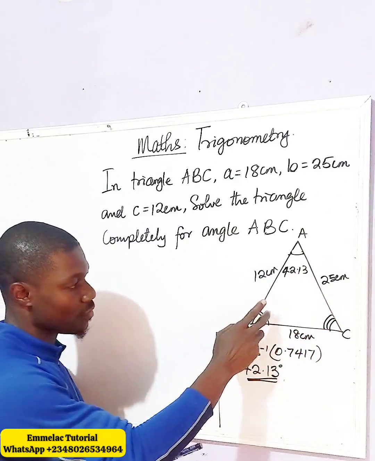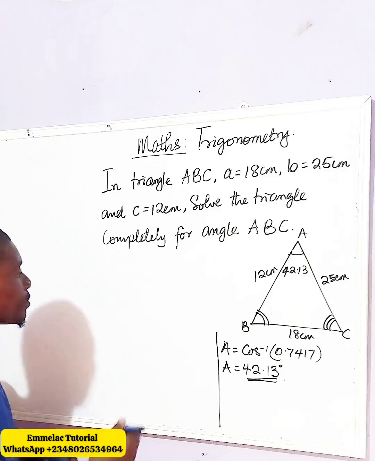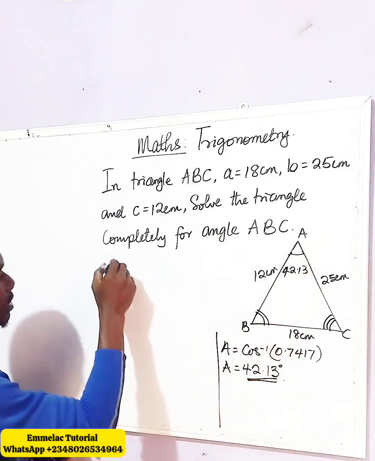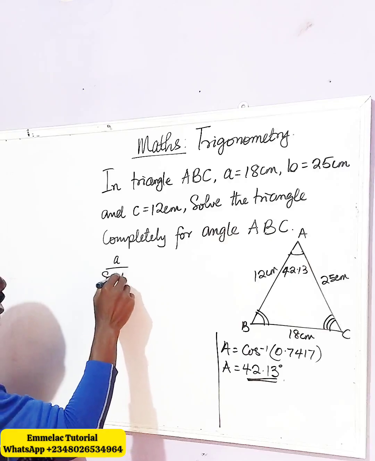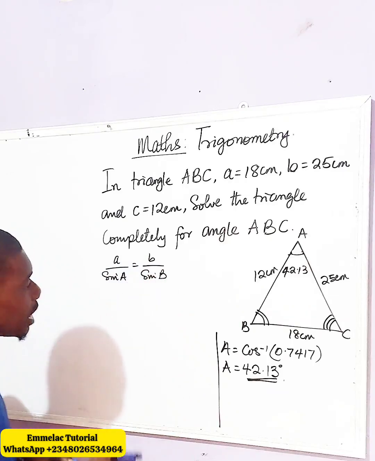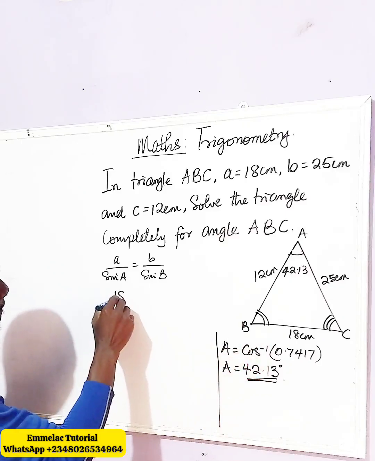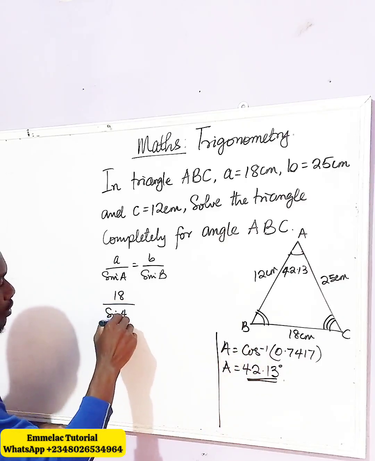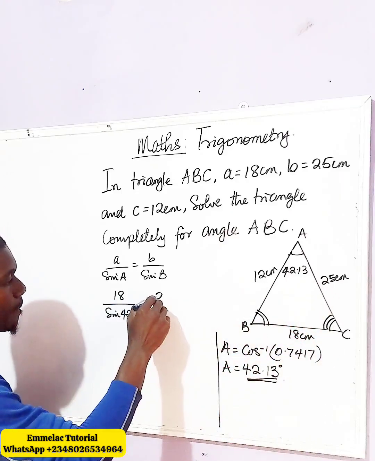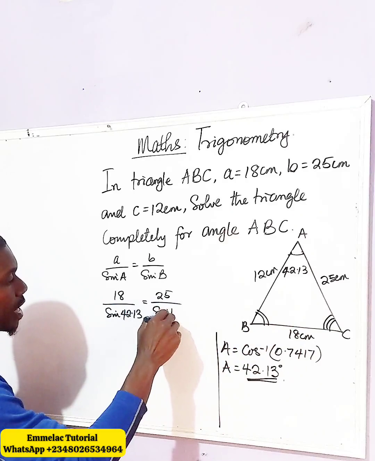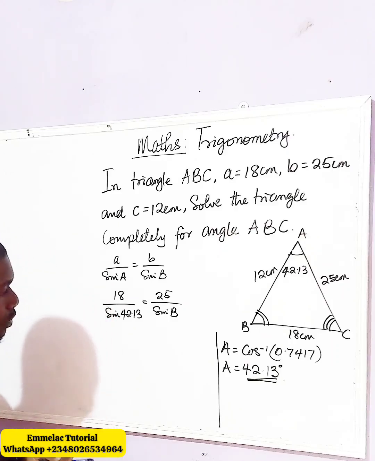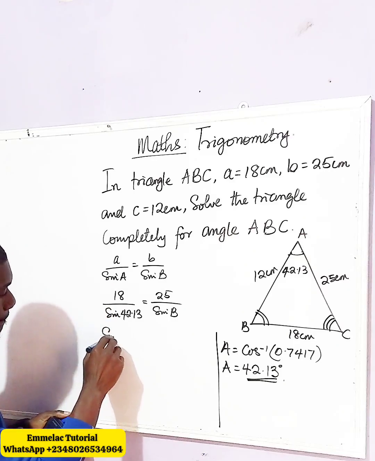By looking for b here, we can make use of the sine rule. Since you're having a and b, you can say a all over sine A equals b all over sine B. Our a here is 18, all over sine 42.13, equals our b is 25, all over sine B. Let us make sine B the subject of the formula.